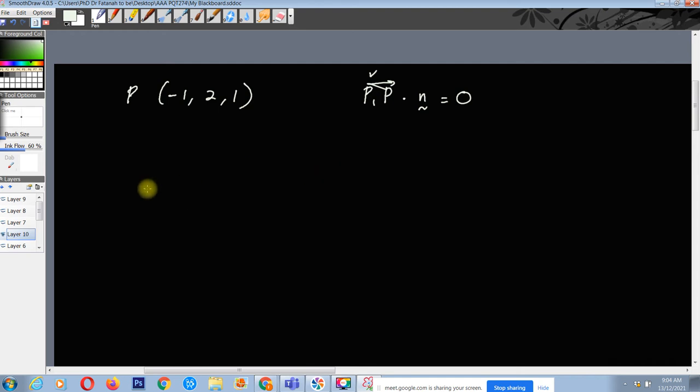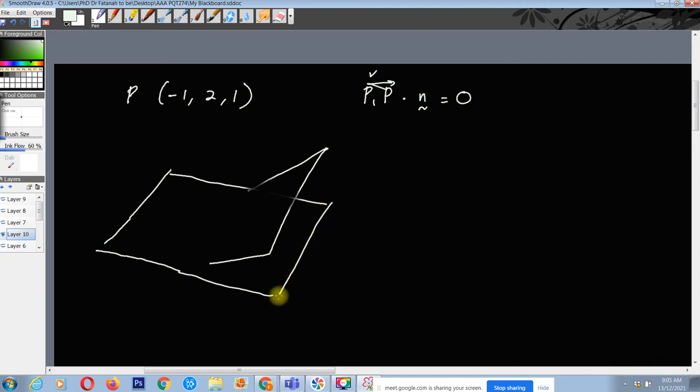We have two planes, maybe like this. We have this plane, maybe like this.